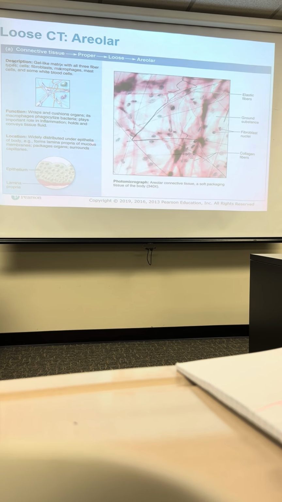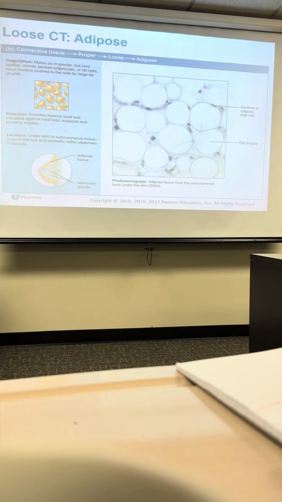Widely distributed under the epithelia of the body, forms lamina propria of the mucous membrane and packages organs and surrounds capillaries. So what is the function? Wraps and cushions organs, and its macrophages phagocytize bacteria, plays an important role in inflammation, holds and conveys tissue fluid.